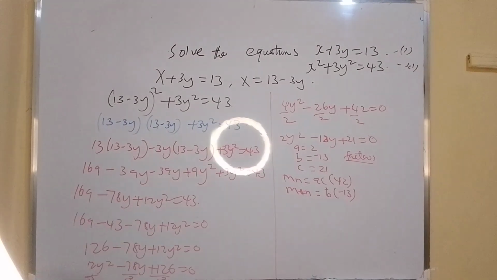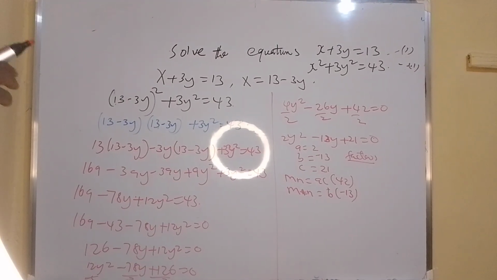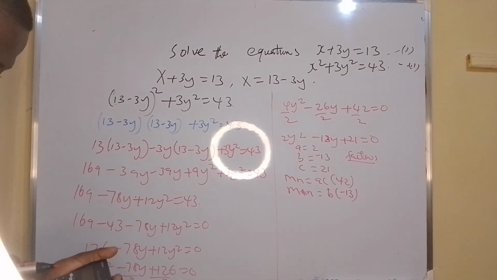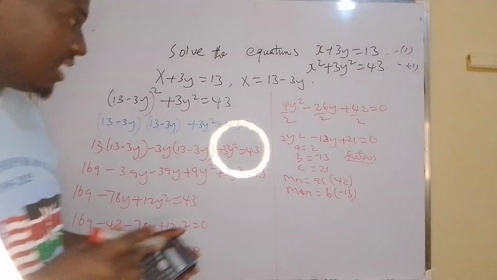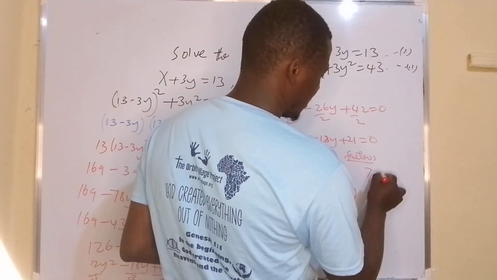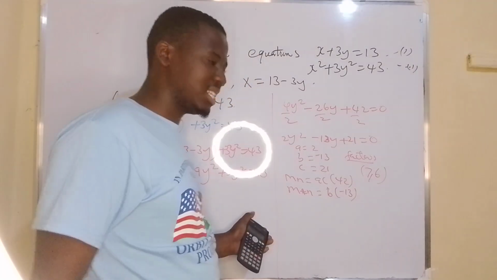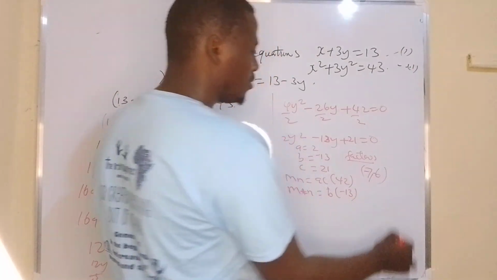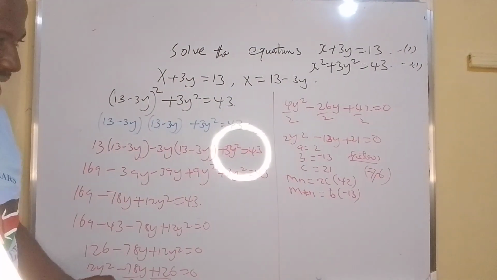Numbers that when you multiply them you get 42, and when you add them you get negative 13? Are you talking about 7 and 6? Yes, 7 and 6, but both of them must be negative: negative 7 and negative 6.